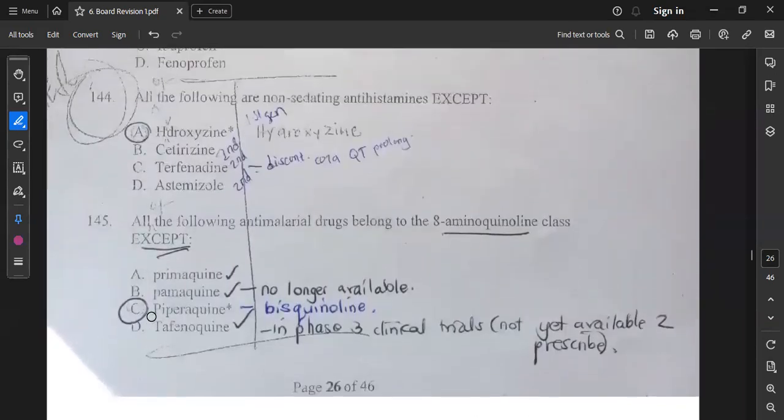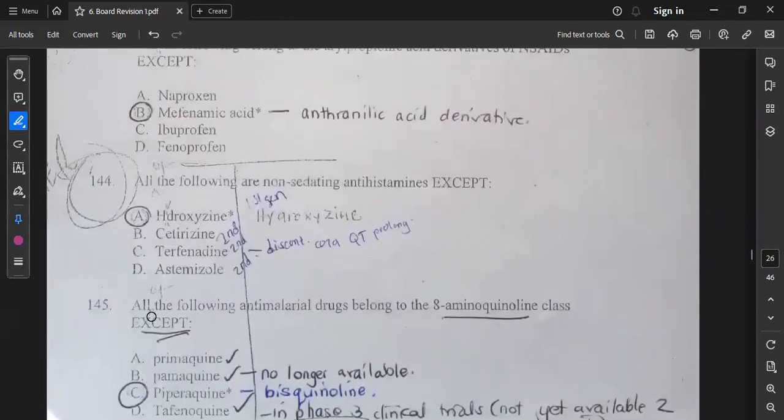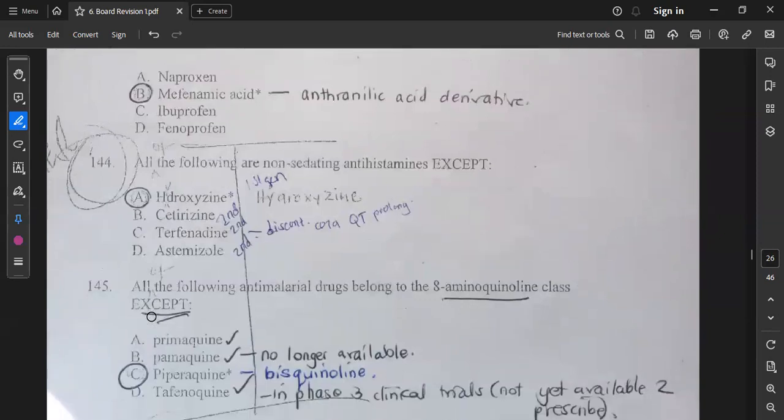Another difference between barbiturates and benzodiazepines is that for barbiturates, usually at high doses, they move towards coma. We start with sedation, then hypnosis, then anesthesia, then we move to coma.